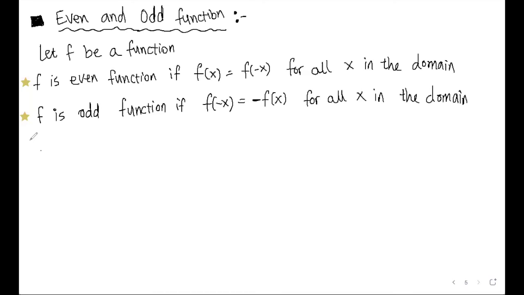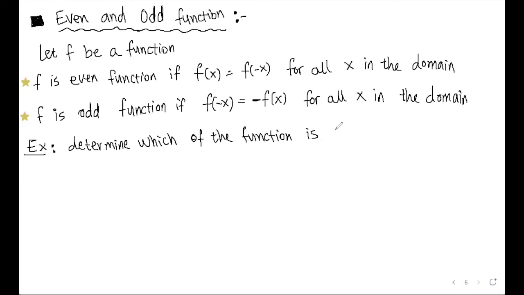Example: determine which of the functions is even or odd.